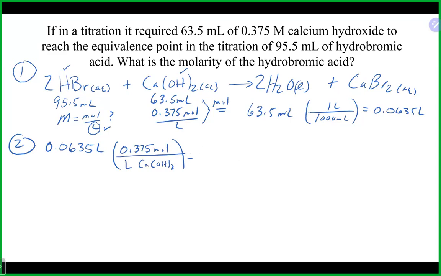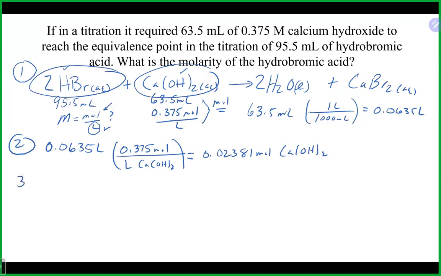Going to get us here 0.0238 moles of calcium hydroxide. Remember, again, like most stoichiometry problems, we're not interested in calcium hydroxide. We are interested in HBr, and we need to get to the moles of it so that we could get to the molarity. So again, we now want to do our third step, which is a mole-to-mole relationship.